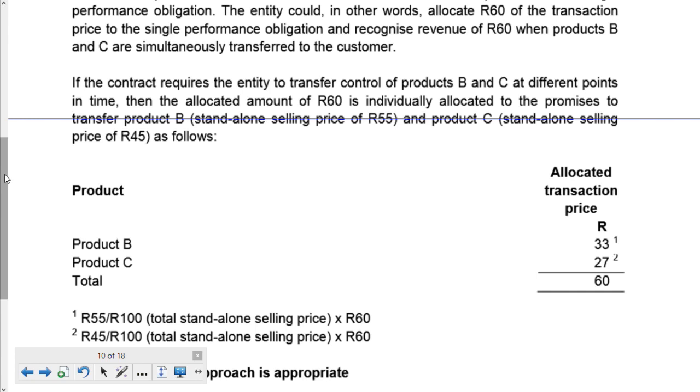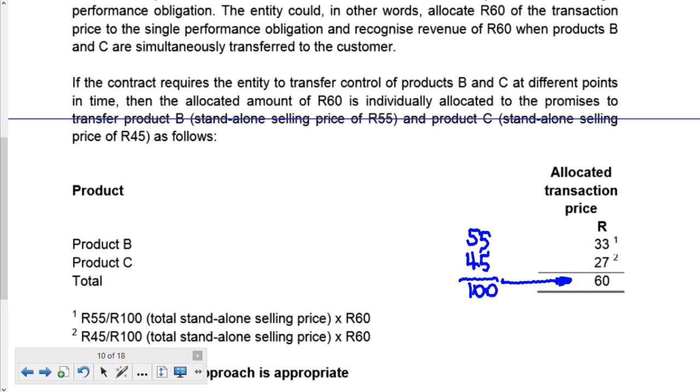All right, so if we had a look at what we had here originally, it was 55, 45, 100. So I have to take that, and I have to say that the 100 will be 60, so therefore what will those two be? And it's just a proportion.